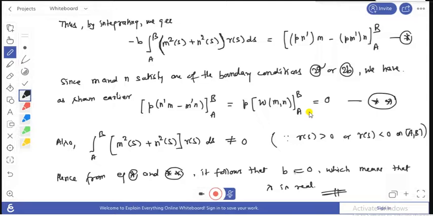This is the gist of the theorem: if our weight function is either greater than 0 or less than 0 in that domain, our eigenvalues are always real.